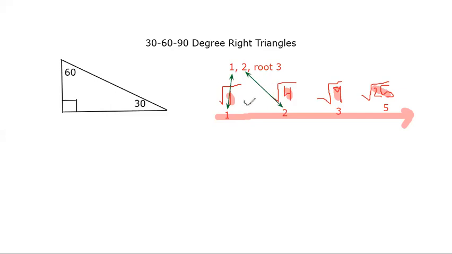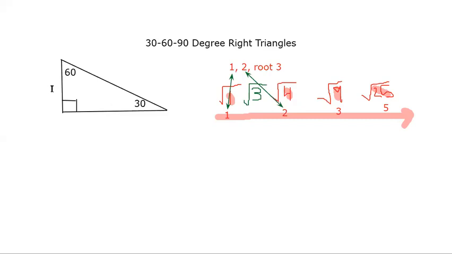Well, it would go right here, because 3 is between 1 and 4. Remember, root 3 is the square root of 3. So of those numbers, 2 is the largest, 1 is the shortest, and root 3 is the middle.